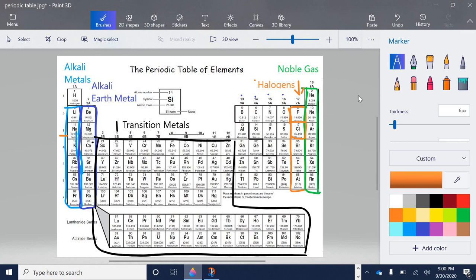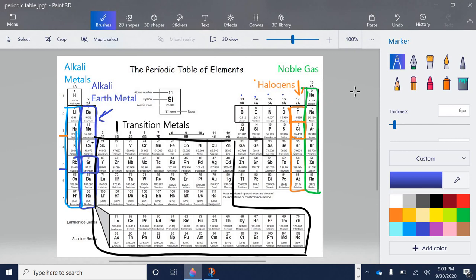If I asked you to find an alkali earth metal in the 5th period, we would go look at the alkali earth metals, and the 5th period is right here, 5, so that would be strontium. So now you have the ability to find just about anything you could want on the periodic table.